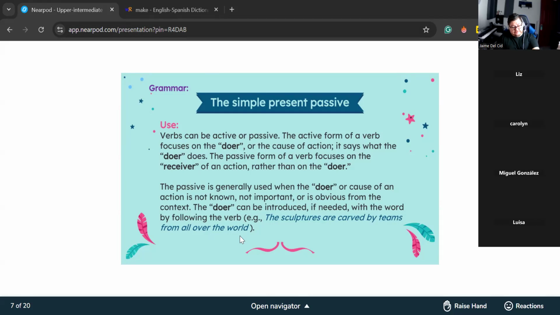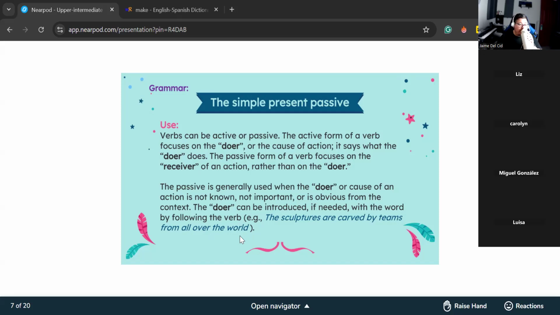The passive is generally used when the doer or cause of an action is not important or is obvious from the context.